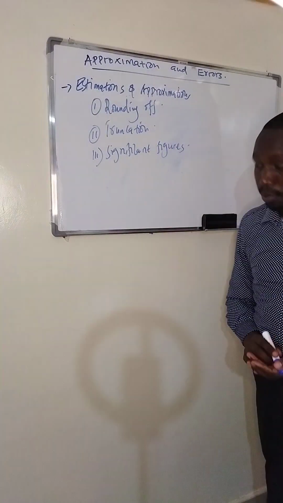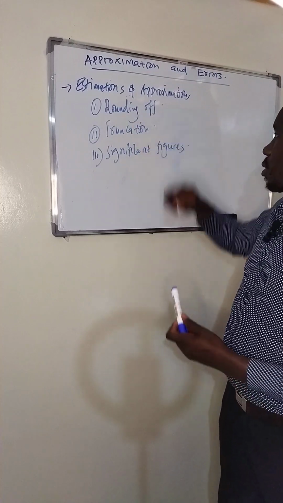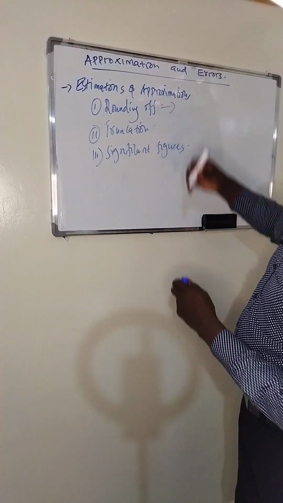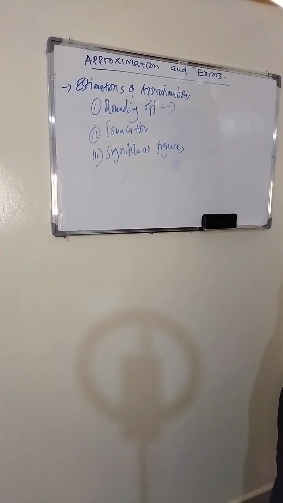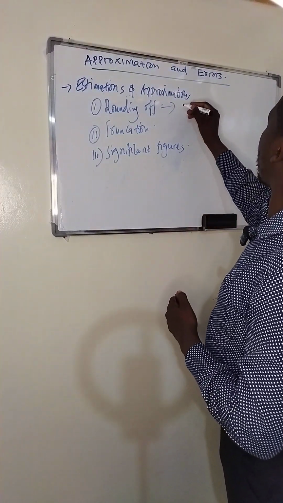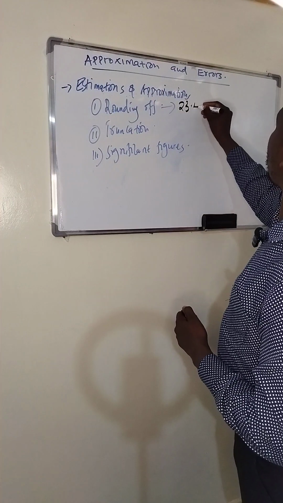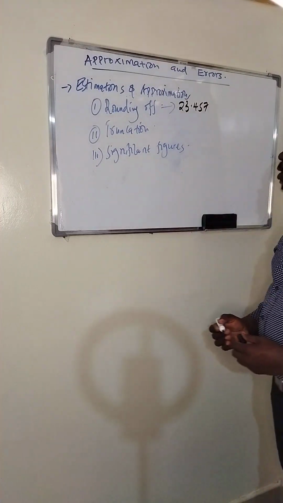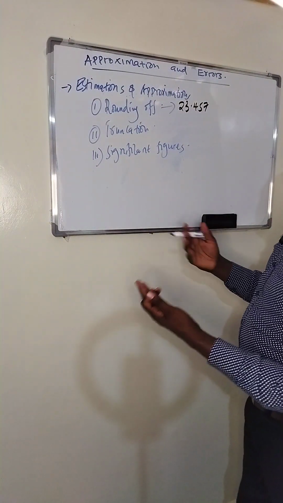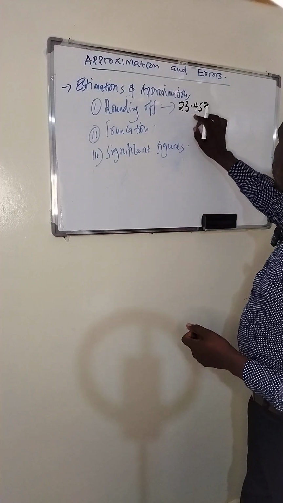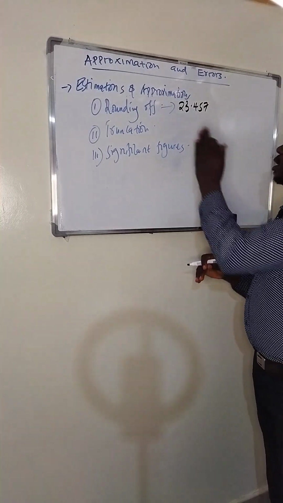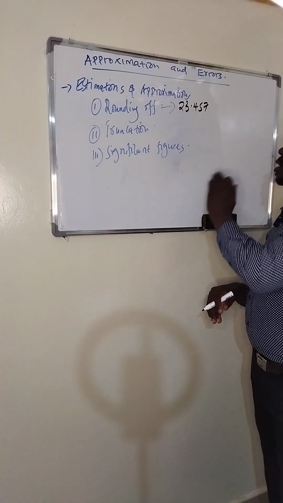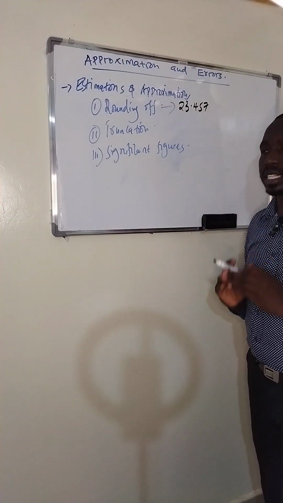Just to discuss them briefly, when we talk about rounding off, say for example, you have 23.457. When you're told to round off to 1 decimal place, then you only need to check 1 decimal place, then identify the next number. If it is 5 and above, you round off to the next number. If it is less than 5, then you leave it as it is.